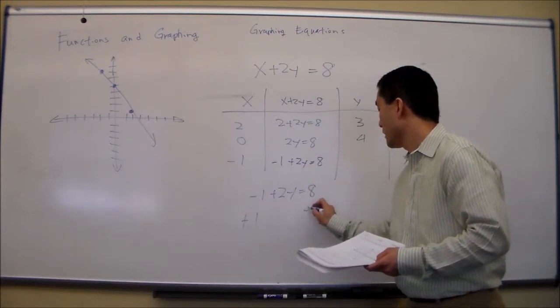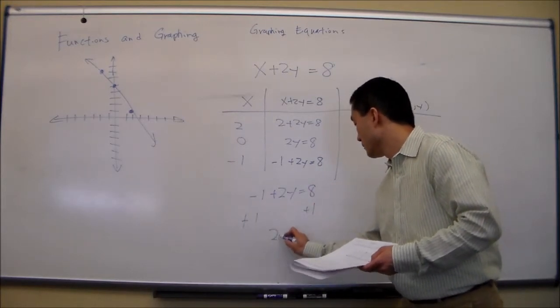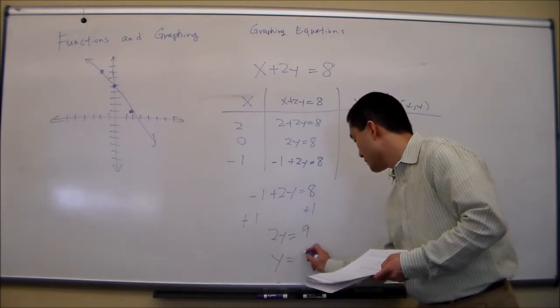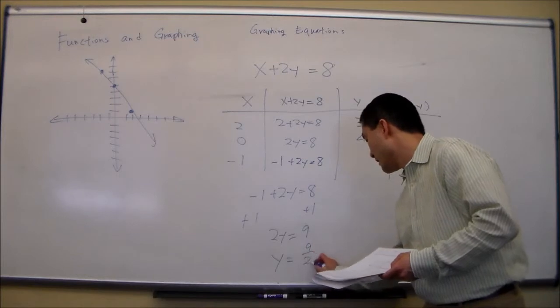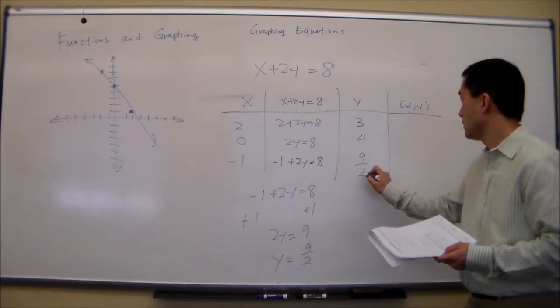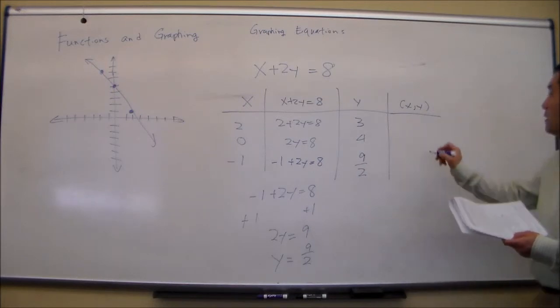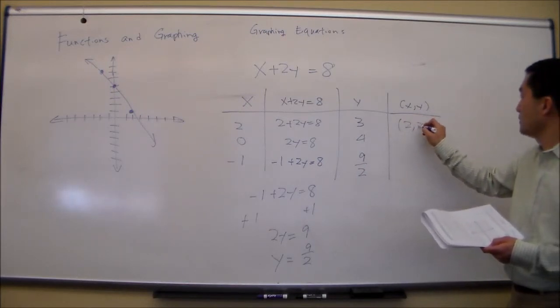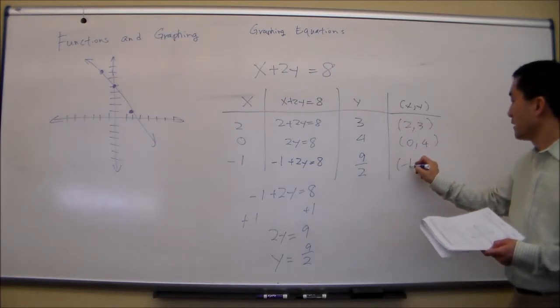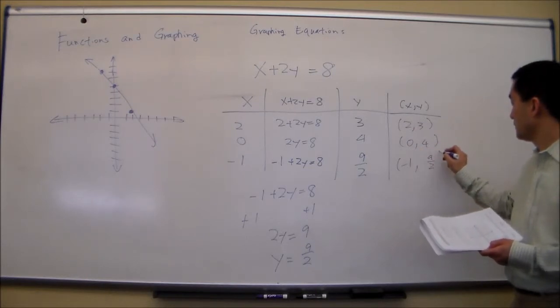Add 1, add 1. 2y is 9. So y is 9 over 2, so about 4.5. Okay. So the ordered pairs will be 2, 3, 0, 4, negative 1, 9 over 2.